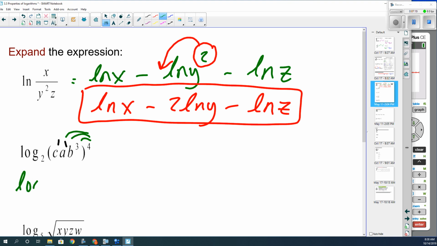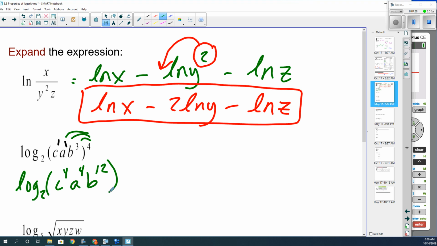And I could write it as log base 2 of C to the 4th power, A to the 4th power, B to the 12th power. So that's one option, or bring the 4 down in front of all of the logs, and when you expand it out, you'd have a 4 in front of all of the logs. It doesn't matter which way you do this.